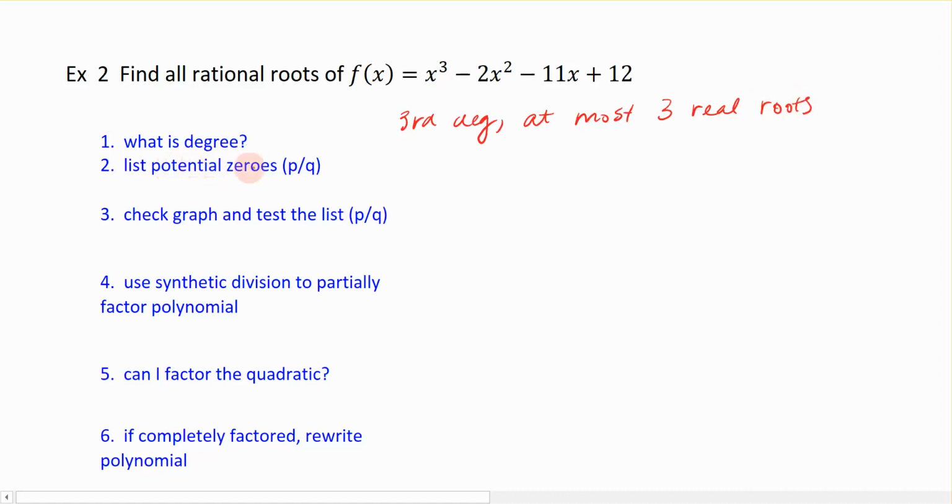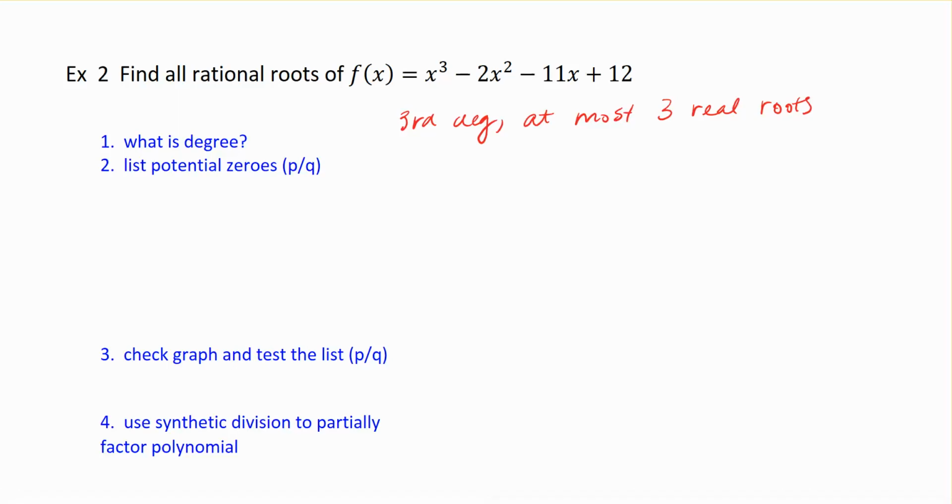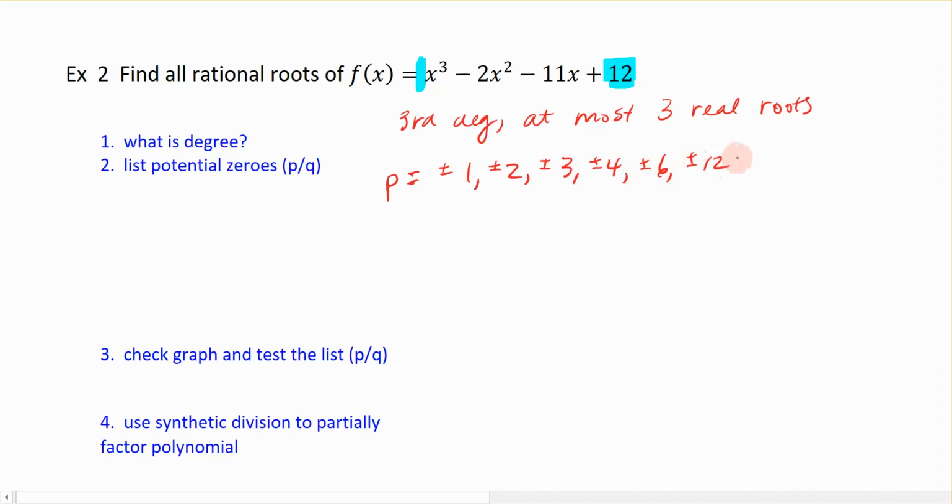Now we want to list the potential zeros of my function, and that's what we practiced in the previous video. So to list all of the zeros, what are we going to do? We first need to identify all the factors for p and all the factors for q. So for p, I have plus or minus 1, 2, 3, 4, 6, and 12.